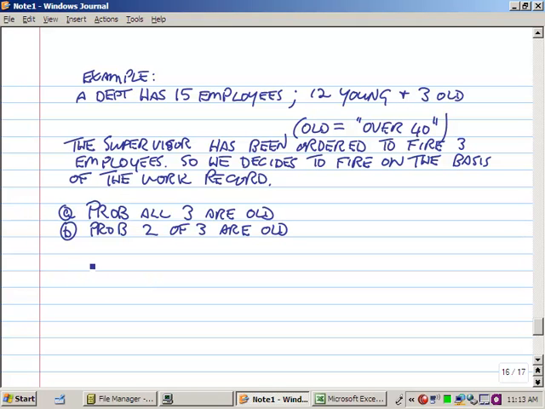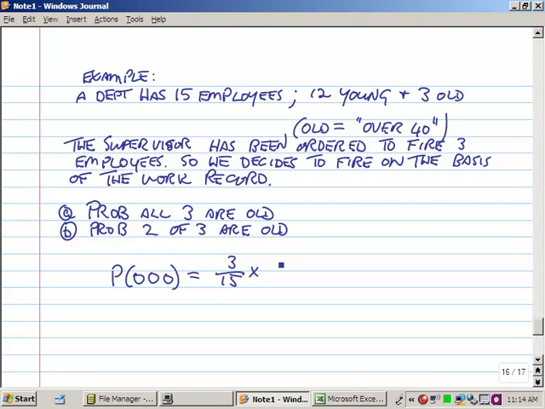Alright, probability all 3 are old, so there's a probability old on the first, old on the second, old on the third. It's just one way, so we don't have to go through the more complicated way of number of ways times the probability of one way. We have 15 employees, 3 are old, so the probability of getting an old one on the first drawer is 3/15.